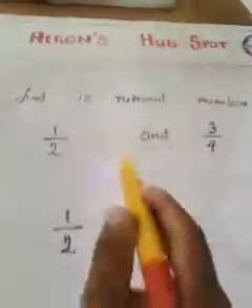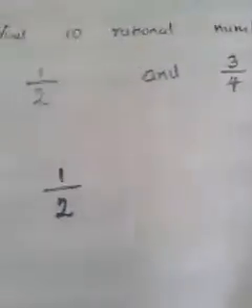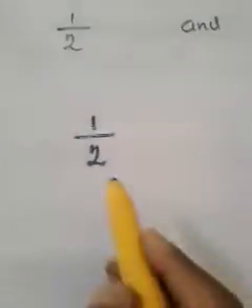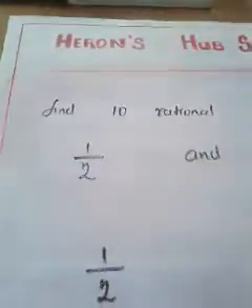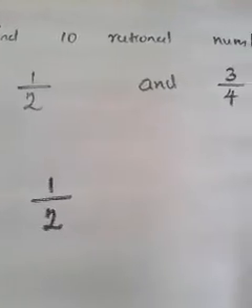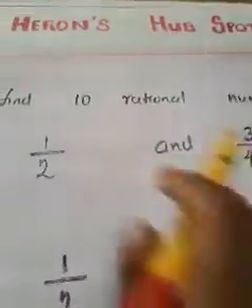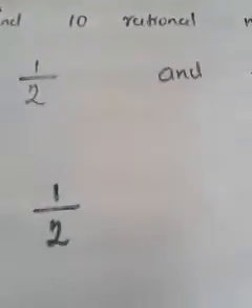How many rational numbers are needed? 10 rational numbers. As I told you, we have to make the denominator a little bigger, then only we will get 10 rational numbers. Suppose the question is to find 2 rational numbers, can you find them? Since both denominators are different, we cannot.